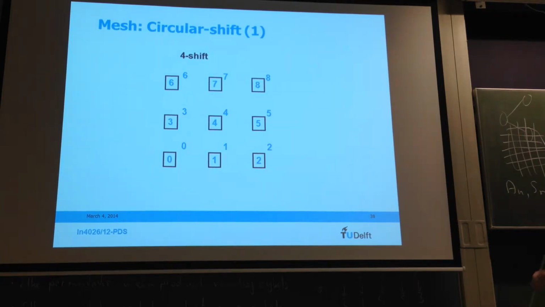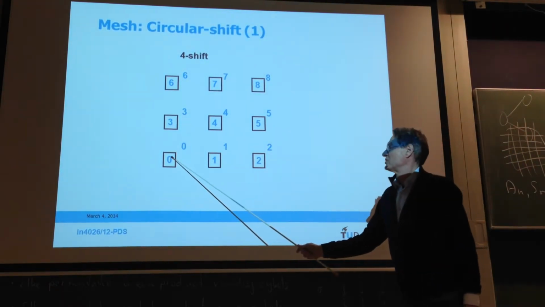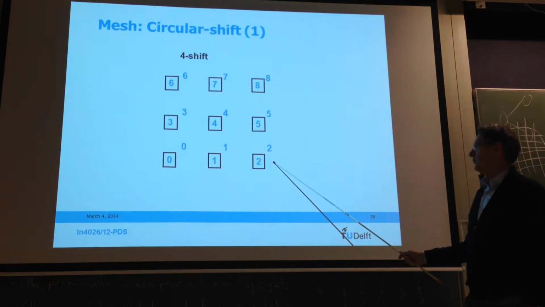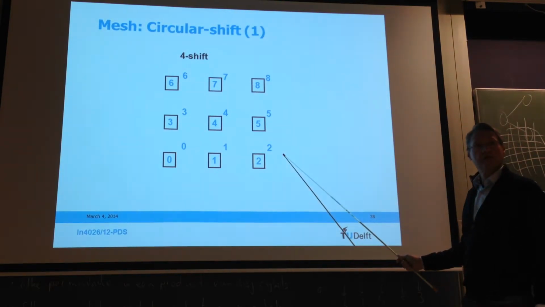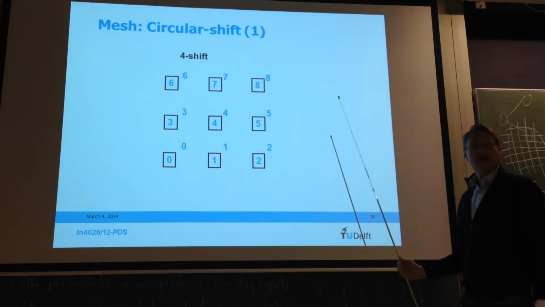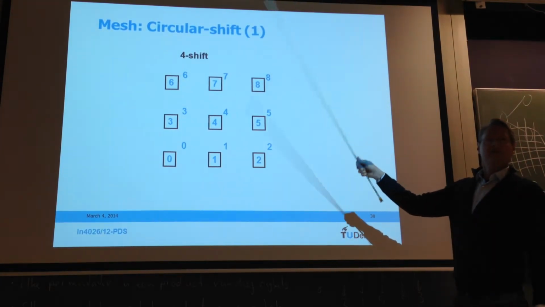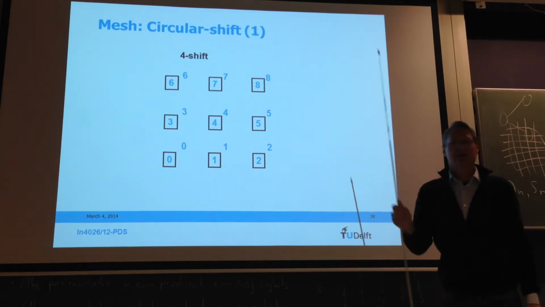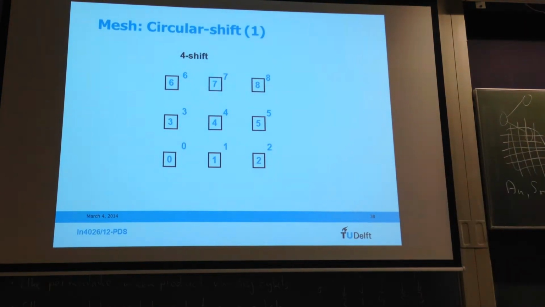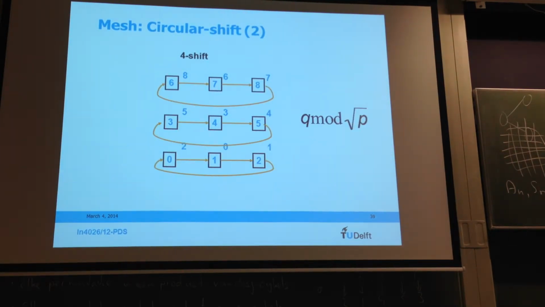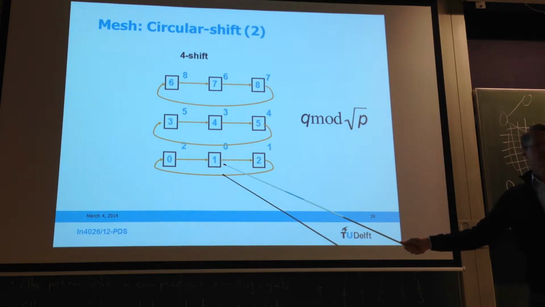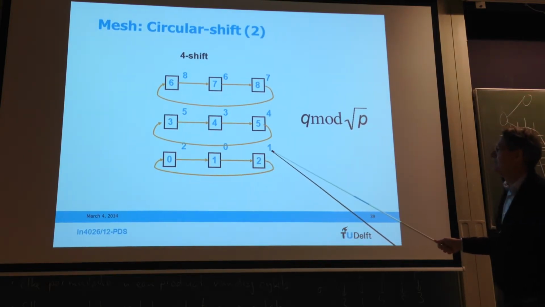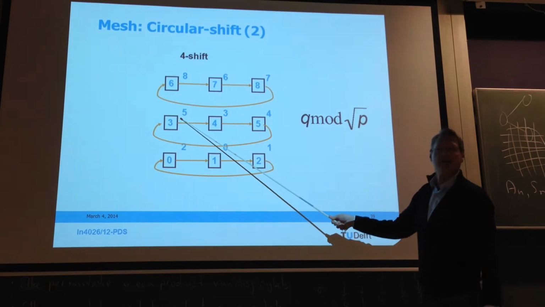What you usually do is shift the item first in the row towards the column position that it has to go to, right? And then shift a number of places in the column to get it in the right position, and not go through all the intermediate positions. So we first shift all items Q mod square root of P in this direction, but then we make a mistake, because actually this one should not appear here but a row higher.